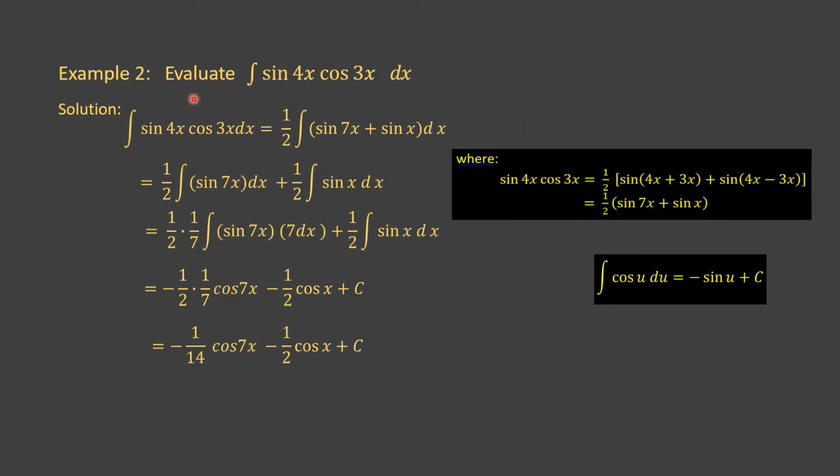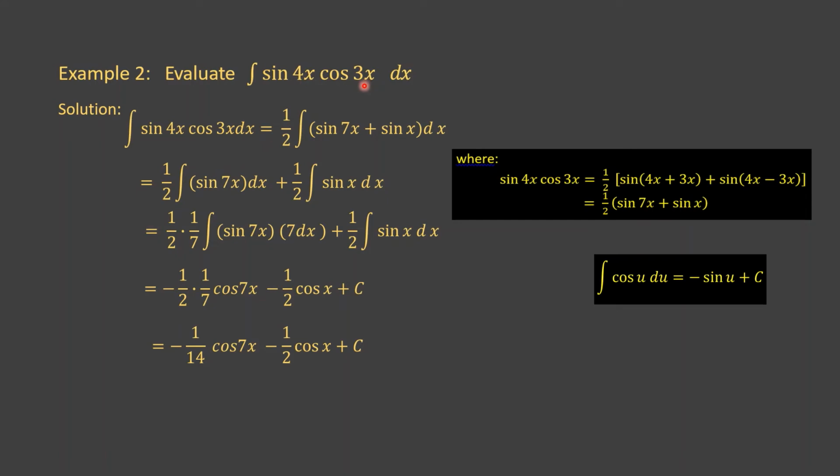For our second example, let us evaluate the integral of sine 4x times cosine 3x dx. In this integral, we now have the product of sine u cosine of v, picking on u 4x and v 3x.